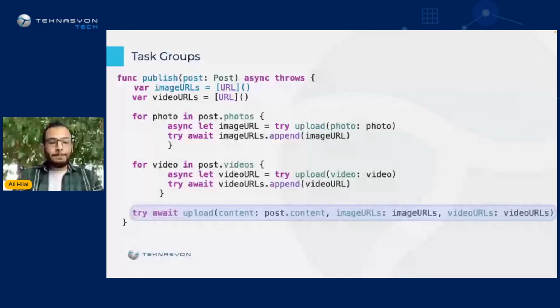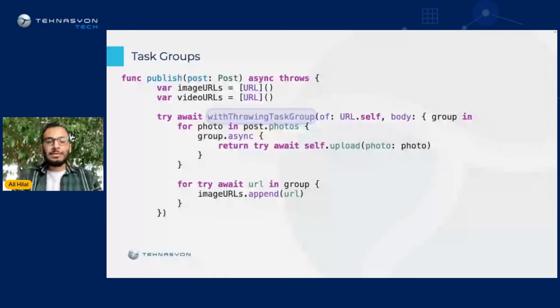Task group is a form of structured concurrency that is designed to provide a dynamic amount of concurrency. You can introduce a task group by calling the withThrowingTaskGroup function. This function gives us a scope object to create child tasks, like that, tasks that are allowed to throw errors. Here we define the return type of the group.